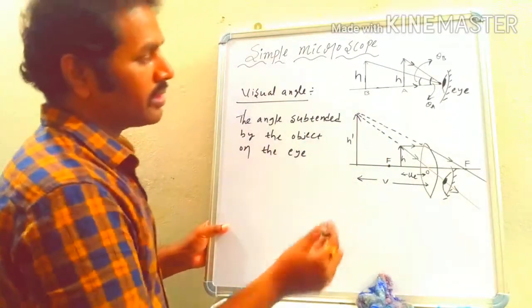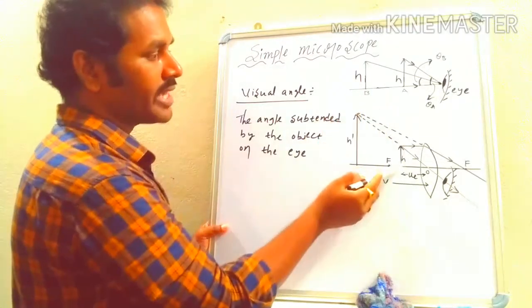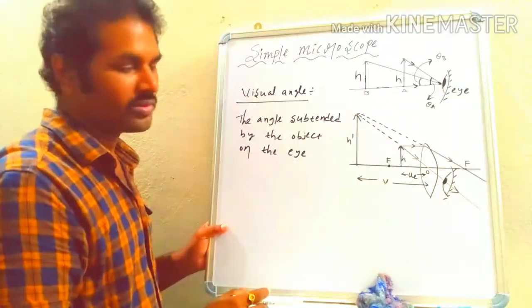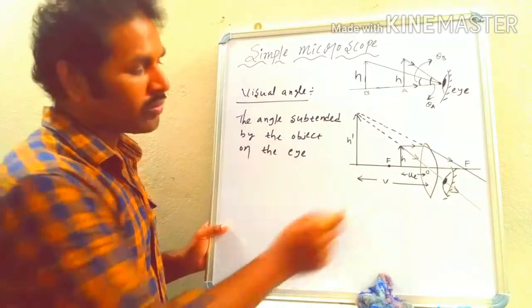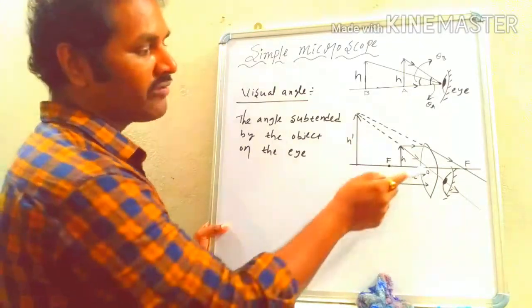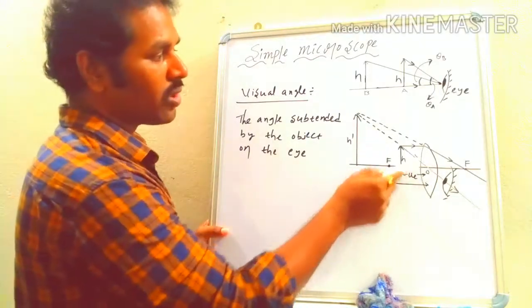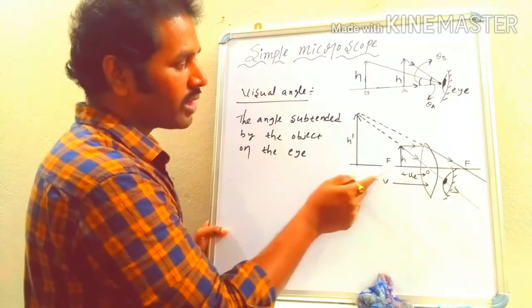So here I'm taking the same object. You can see what object I am taking here. The same object is taken with a height h, and one convex lens, which itself is a simple microscope and magnifying glass. This is the convex lens. Now take this object within the focal length of this lens.